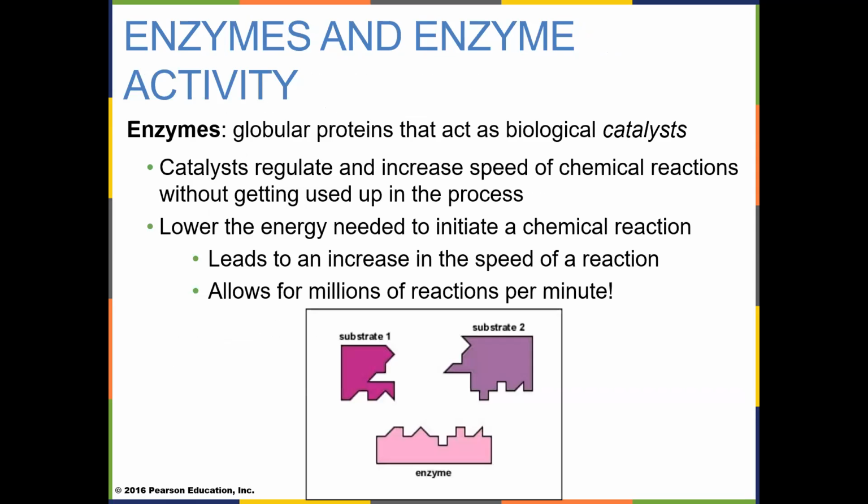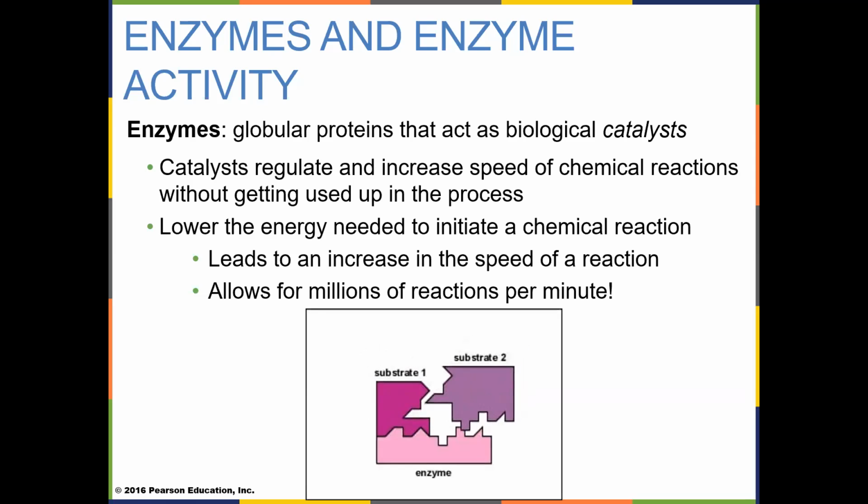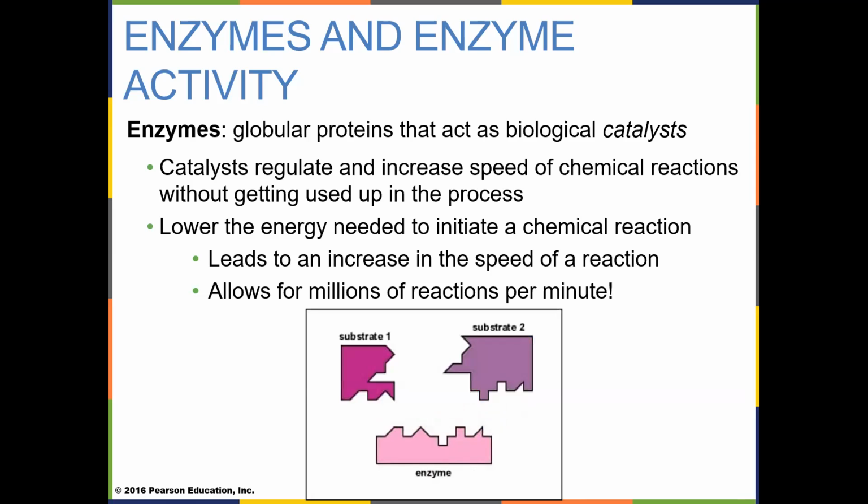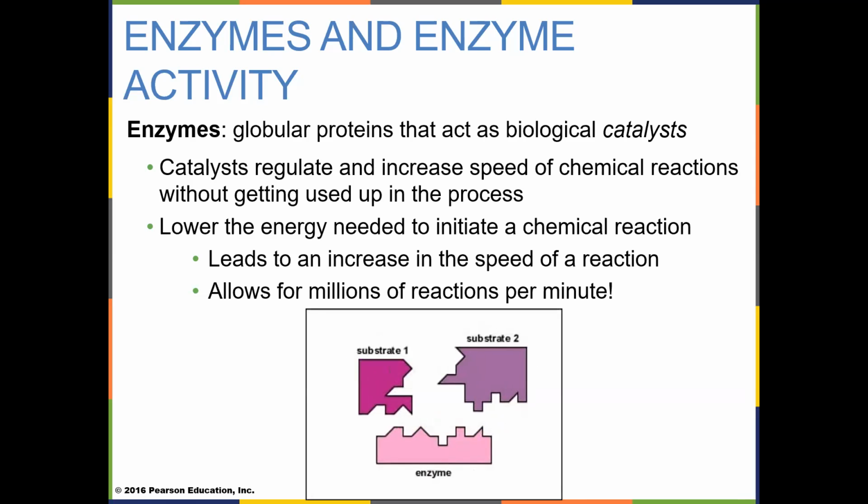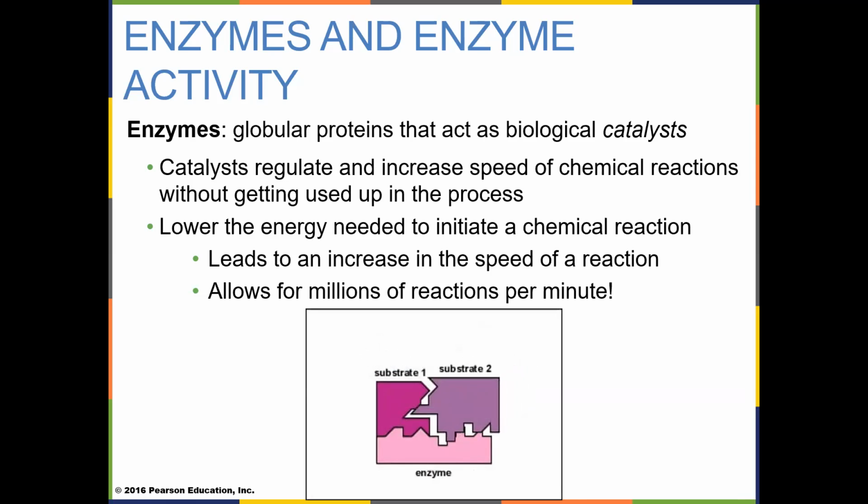An enzyme, we say it's a biological catalyst. Here's a couple of points about the enzyme. It causes a chemical reaction to speed up without any change to itself, simply by flooding an area. If you have reactant A and reactant B, and you want to bring them together, and you can't wait for them just to randomly bounce into each other, what will happen is if you flood the area with an enzyme designed just for reactant A and reactant B, it will encounter them.